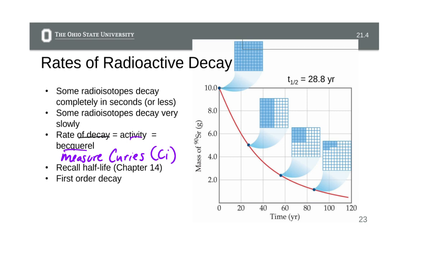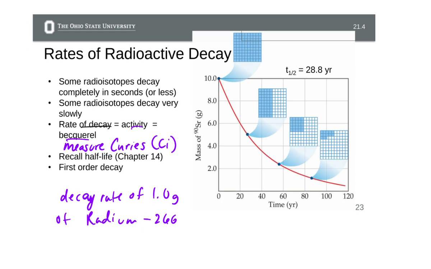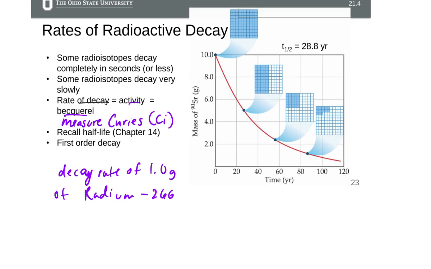And the original definition of the curie is the decay rate of 1 gram of radium-226, and that is equal to 1 curie, Ci, which is equal to 3.7 times 10 to the 10 nuclei per second.